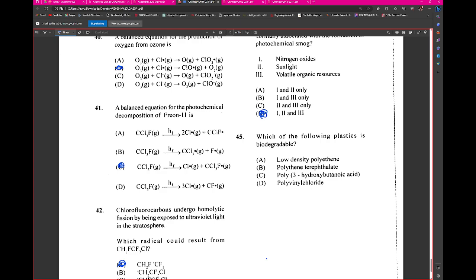C. Okay, I'm seeing C. Polyhydroxybutanoic acid. Why C? Probably because the acid can break down.